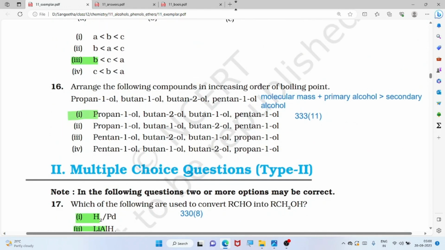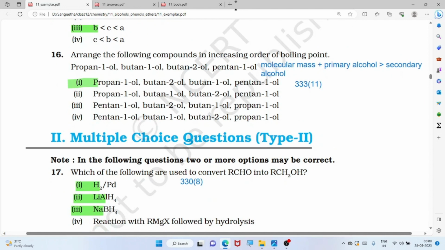Arrange the following in increasing order of boiling point. So this is the combination up to more molecular mass. Then if same molecular mass, primary alcohol will have a higher boiling point than the secondary alcohol, because the primary alcohol tends to make hydrogen bonding.